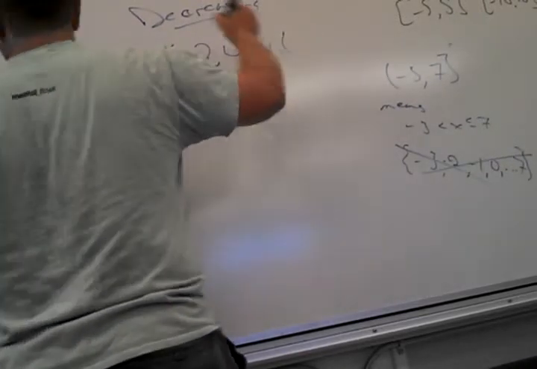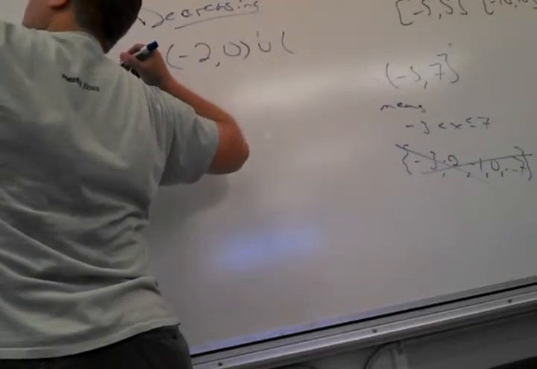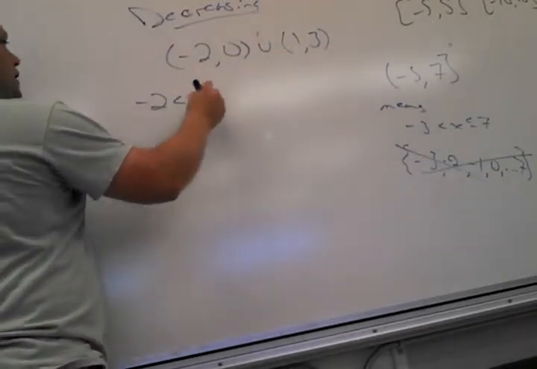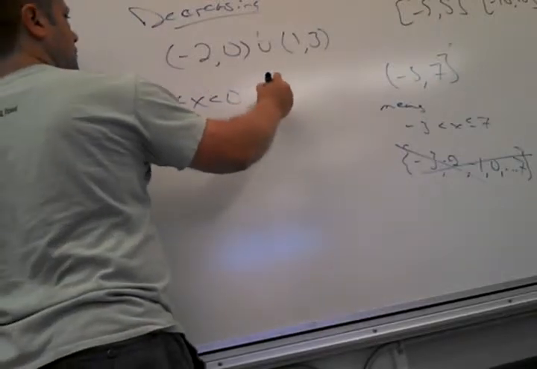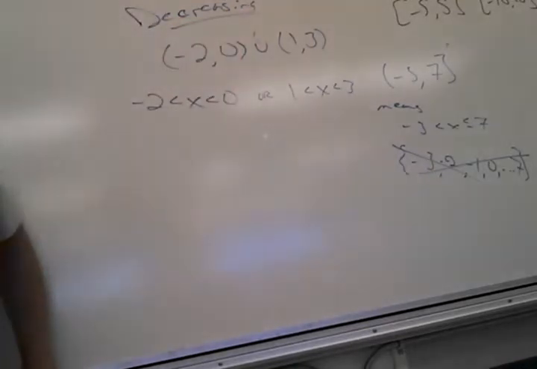Or where else is it decreasing? 1 to 3. Or you can answer this as -2 less than x less than 0, or 1 less than x less than 3. These all mean the same thing. You can answer either way you want to.